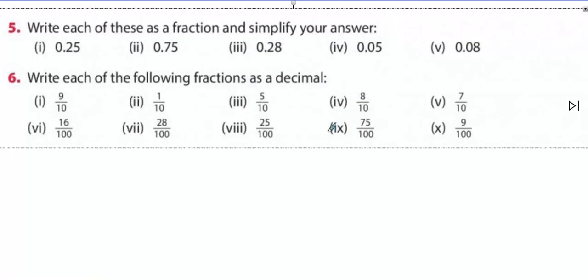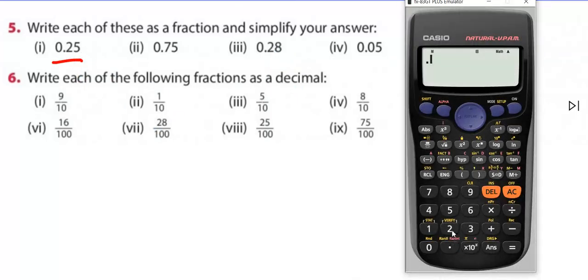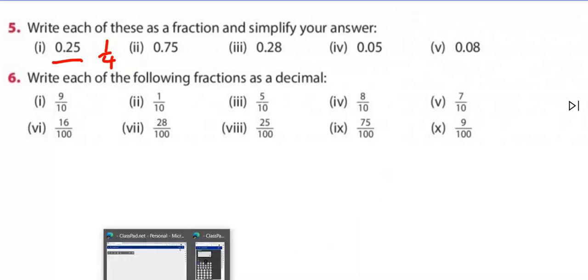Question 5. Write each of these as a fraction. No hassle. See 0.25? Just go to my calculator, press 0.25, press equals. I'm doing 5 part 1 for everybody in the class. All you do is enter into your calculator and write down the answer. I want you guys to do that really quickly. For those with the new calculator, here's all you do.